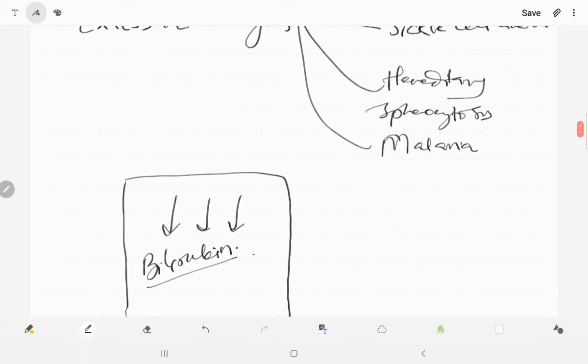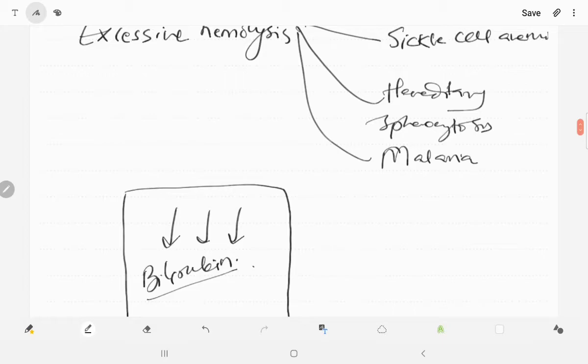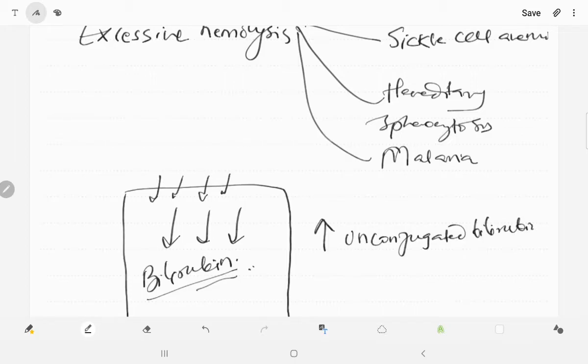After that, it is not able to take bilirubin inside it and conjugate it. That's why there is increase of unconjugated bilirubin in circulation.